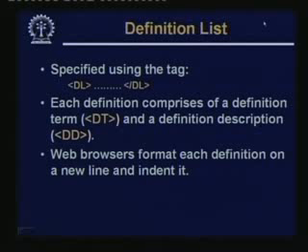Now, we move on to something called a definition list. Well, let us first try to understand what is a definition list. Well, in the unnumbered or the numbered lists that we have talked about, there we have a set of items which you want to group them one after the other, either by putting a bullet before them or by putting a number before them, right.